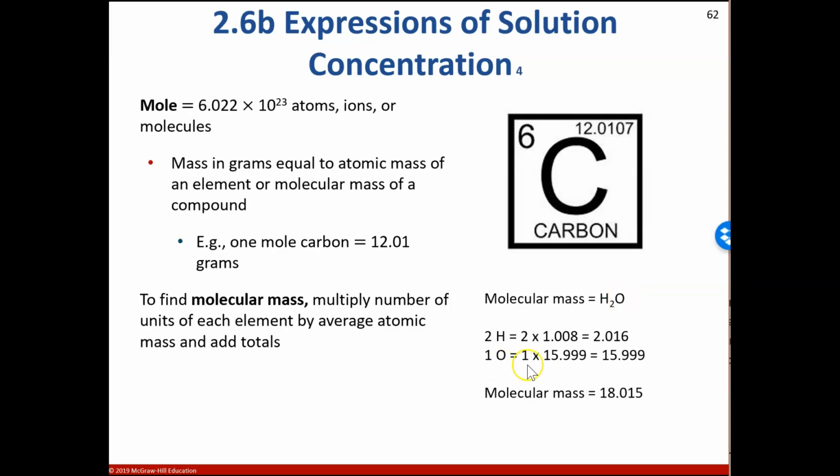So we do 1 times the mass of oxygen, which is 15.999, and we just took these numbers from your periodic table. That's going to equal 15.999. Wait, I added an extra 9 there, didn't I? And so when we add these totals, we get our molecular mass, which is 18.015.